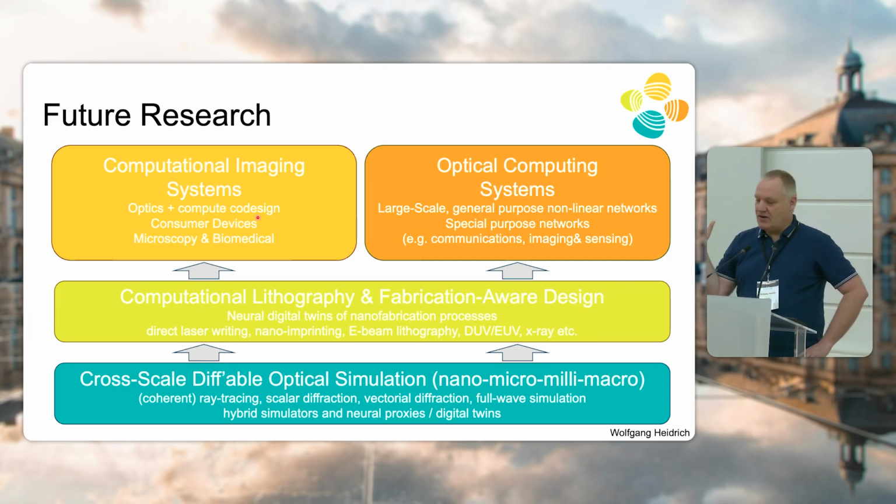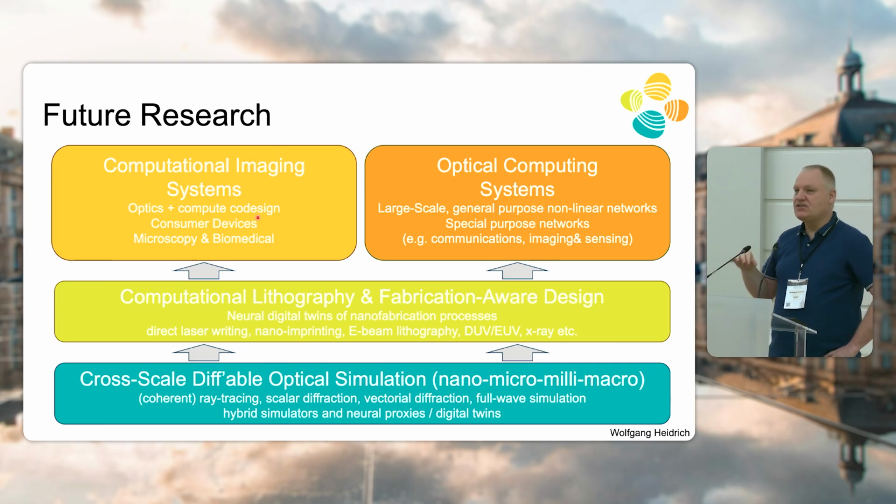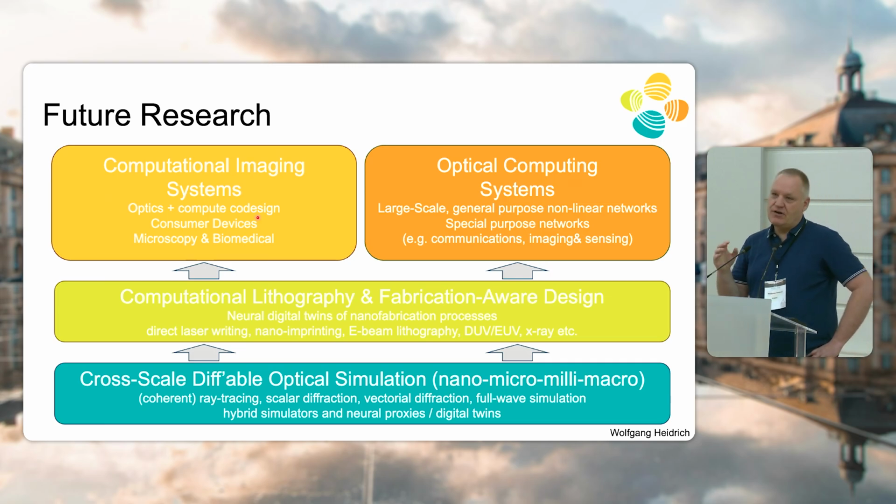First of all, we have the bottom layer, which is computational light transport. This is simulating light transport at different scales and actually across scales with very, very high accuracy. So combining ray tracing, scalar diffraction models, maybe full wave simulations. And the scale differences are really massive. So this is a really difficult problem.